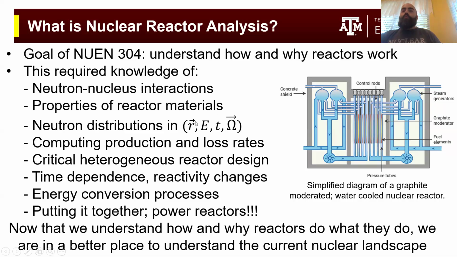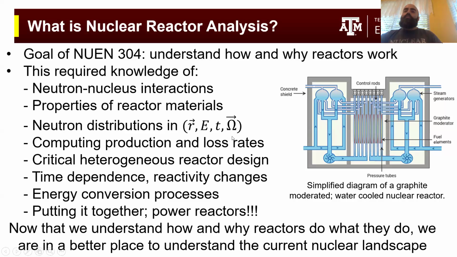And then we also started talking about time dependence. We used the point reactor kinetics equations as the main model to say, once I have this critical configuration, and then I make some change to that configuration by adding a control rod or removing a control rod, how that neutron population evolves with time.